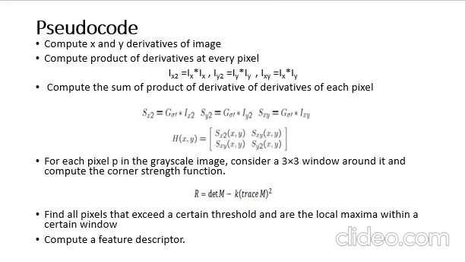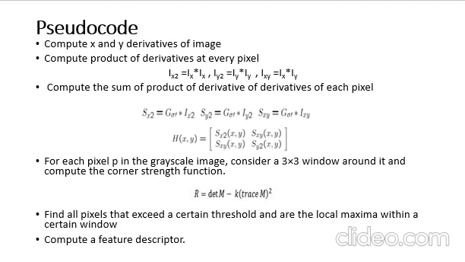Pseudocode of the Harris corner detector: first of all, compute the x and y derivatives of the image. Next is to compute the product of derivatives at every pixel. We will find Ix squared, which is equal to Ix multiplied by Ix, Iy squared, which is equal to Iy multiplied by Iy, and Ixy, which is equal to Ix multiplied by Iy.